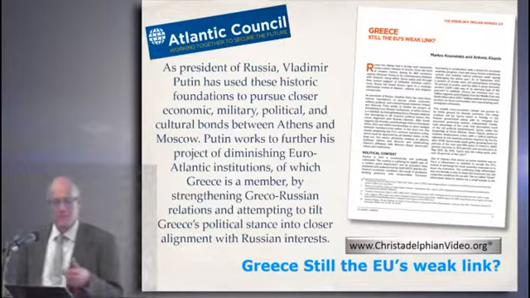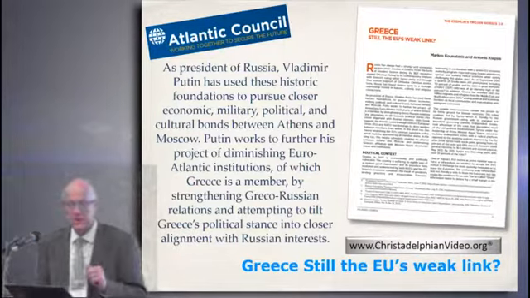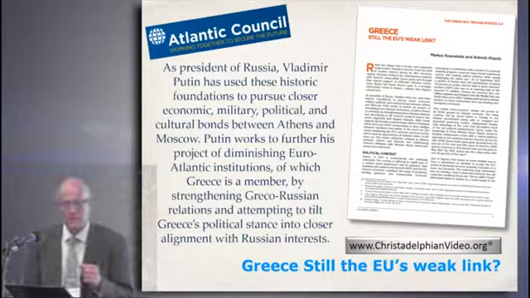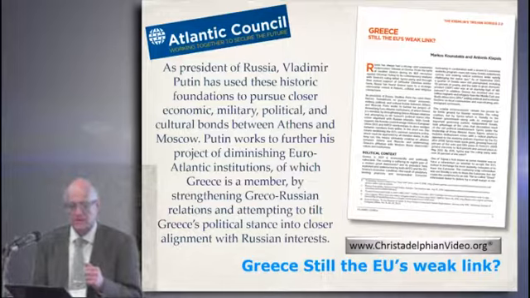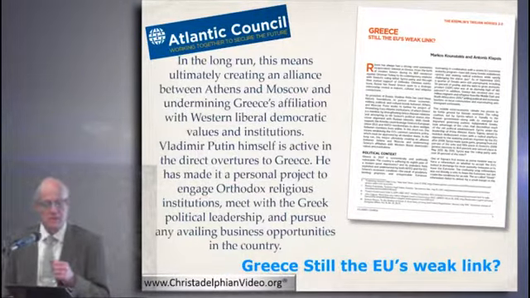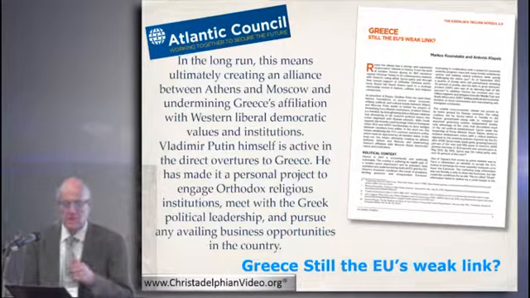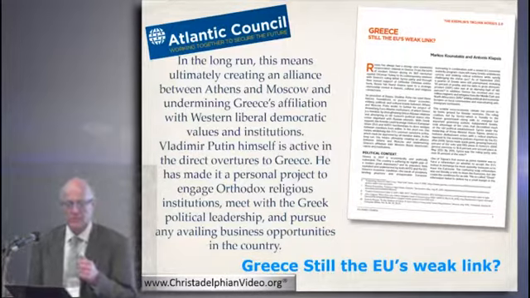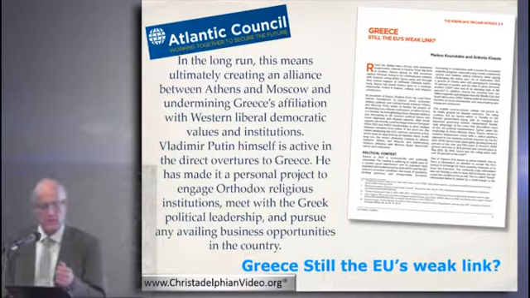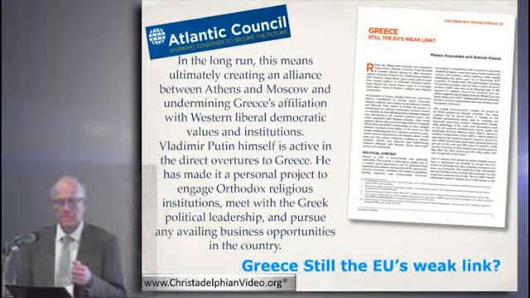In the long run, this means ultimately creating an alliance between Athens and Moscow and undermining Greece's affiliation with the Western liberal democratic values and institutions. Putin himself is active in the direct overtures to Greece. He has made it a personal project to engage Orthodox religious institutions, meet with the Greek political leadership and pursue any available business opportunities in the country.